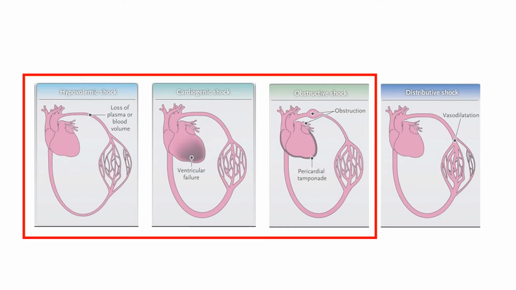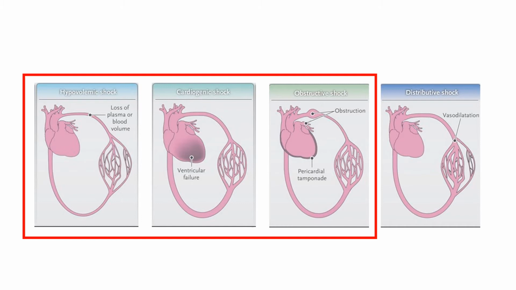The first three mechanisms are characterized by low cardiac output and hence inadequate oxygen transport. In distributive shock, the main deficit lies in the periphery, with decreased systemic vascular resistance and altered oxygen extraction. And typically in such cases, cardiac output is high, although it may be low as a result of associated myocardial depression.